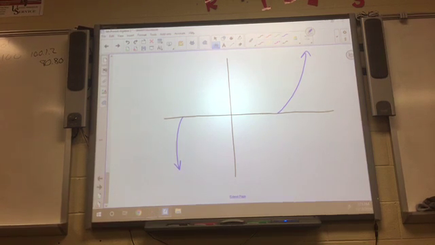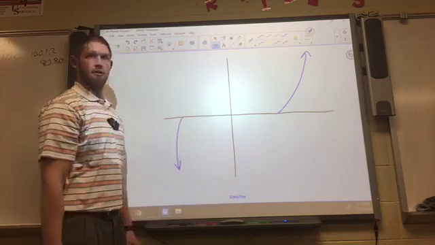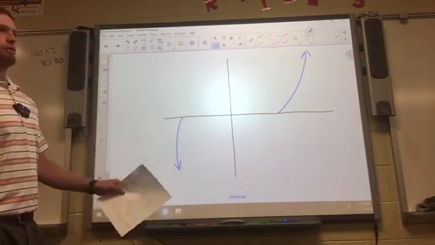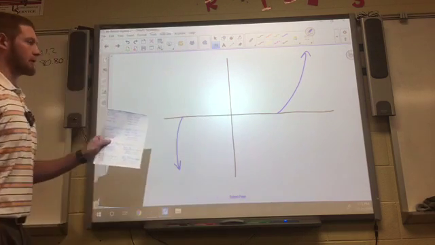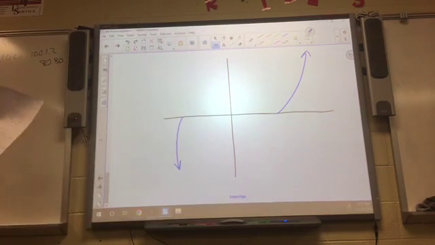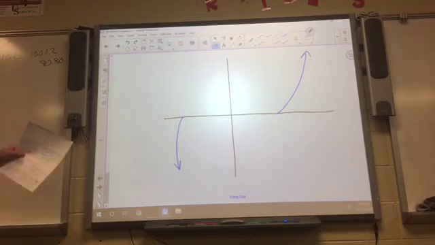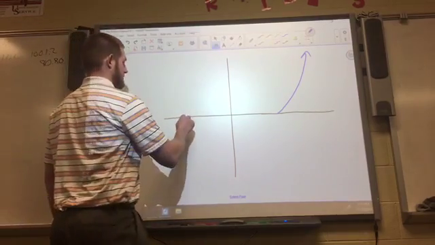So if my polynomial satisfied the fact that the degree is odd and the leading coefficient is positive, it would look something like this. Now, that doesn't tell us what's happening in the middle. We have no idea. If you want to draw these arrows on here, you can do this on your sheet if you would like.